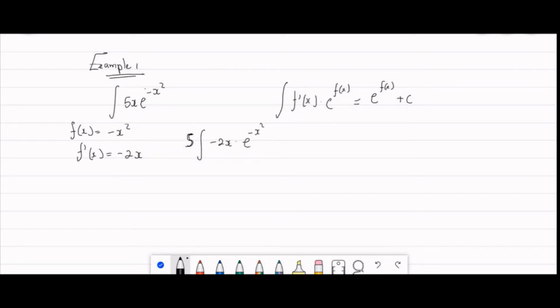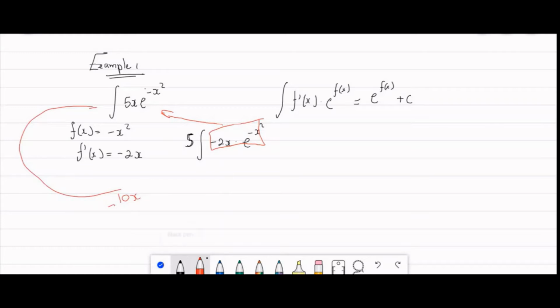So now we need to make this equation the same as this. But if I say 5 times negative 2, I'll get negative 10x, which won't be the same as this.